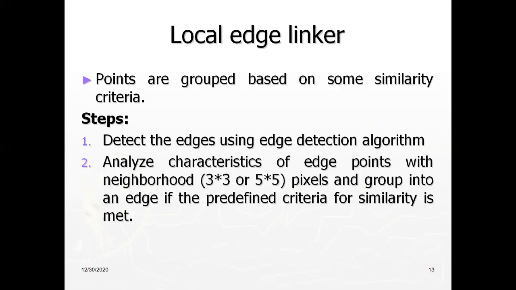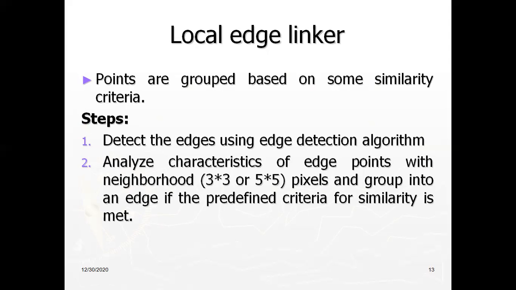It is very simple. First, identify whether the pixels belong to an edge or not. Then after that, we find out whether these pixels meet some criteria for similarity, like they may have the same color, they may be in the same direction, or their magnitude may be the same. Based on some criteria, we identify whether the detected pixels belong to the same edge or not.